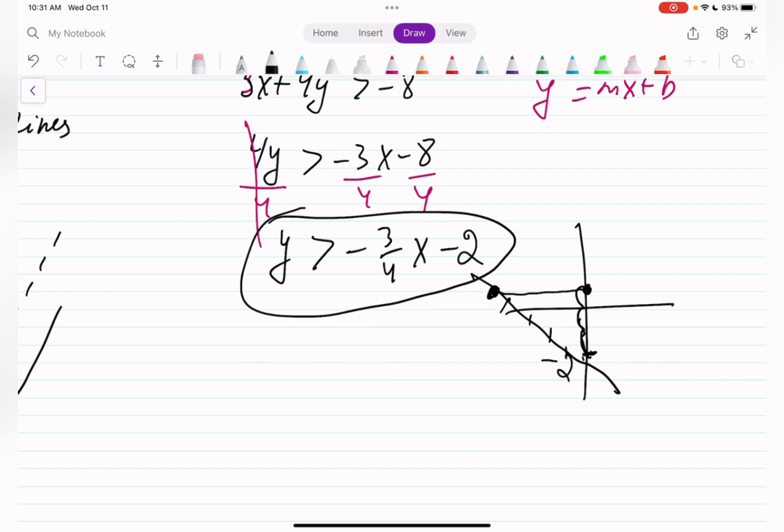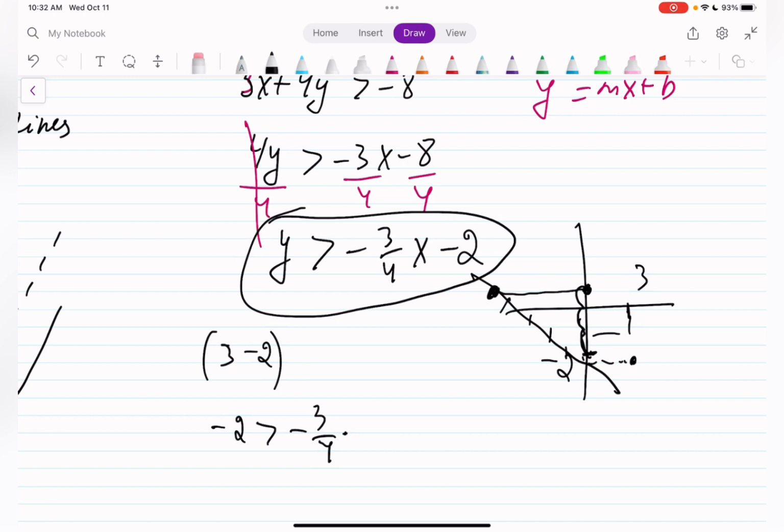So which point do we want to take? Let's say I'm taking 3 and negative 2. Okay? 3 and negative 2. So negative 2 greater than negative 3/4 times... Oh, I don't like 3.